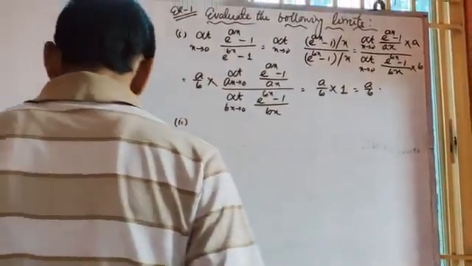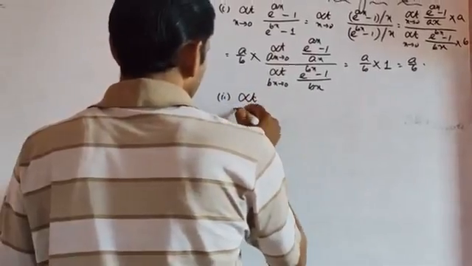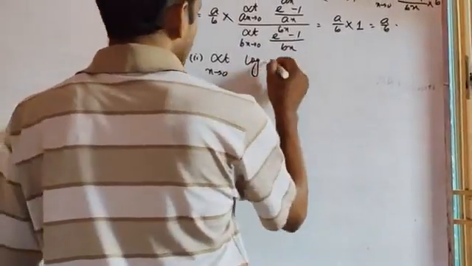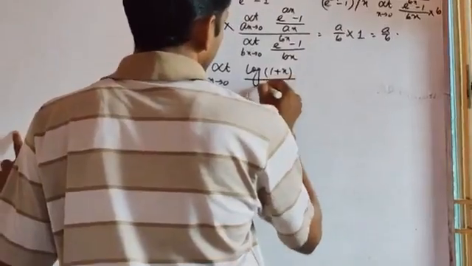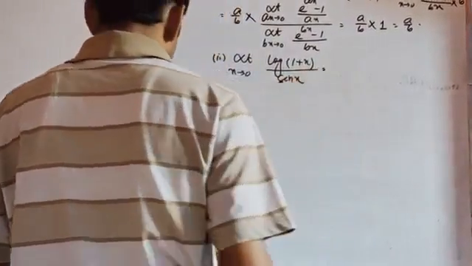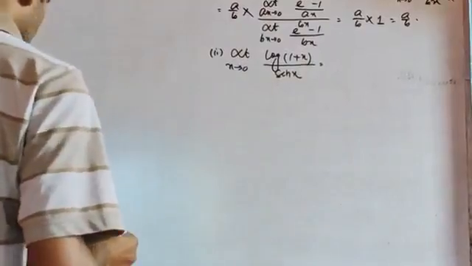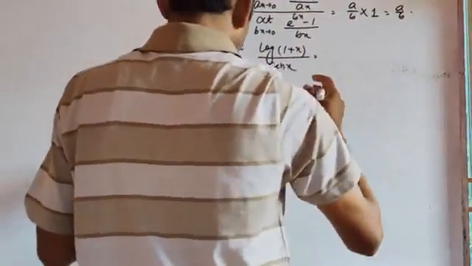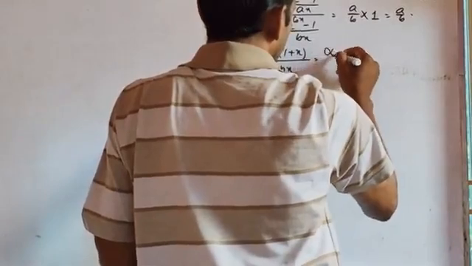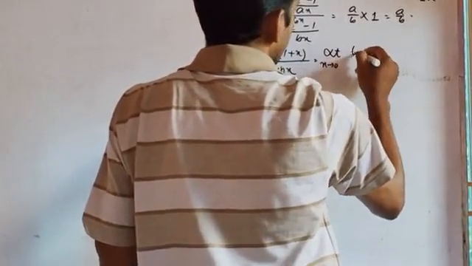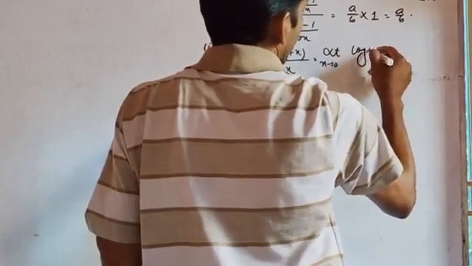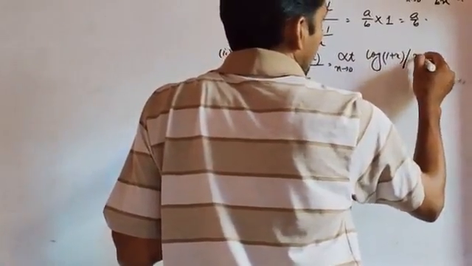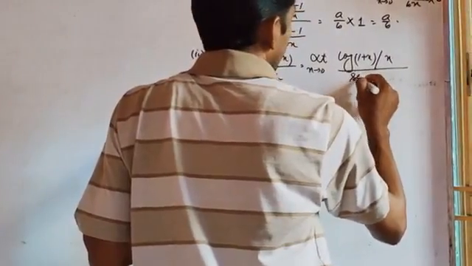Second, limit x tends to 0, log 1 plus x by sin x. Okay. So here it will be again, limit x tends to 0, log 1 plus x by x, by sin x by x.